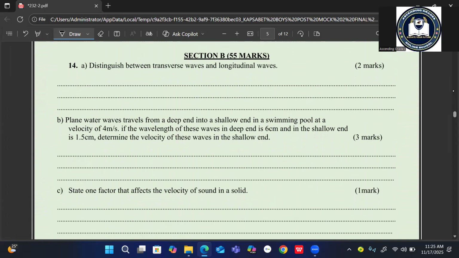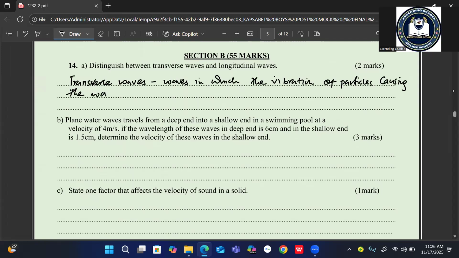So I can say that transverse waves are waves in which the vibration of the particles causing the wave are perpendicular to the wave direction.